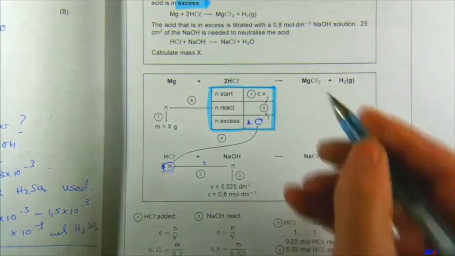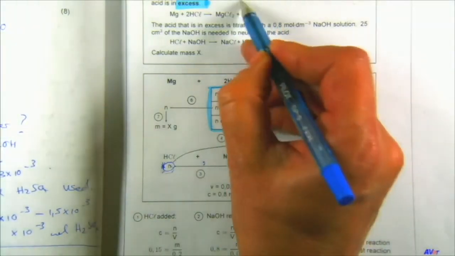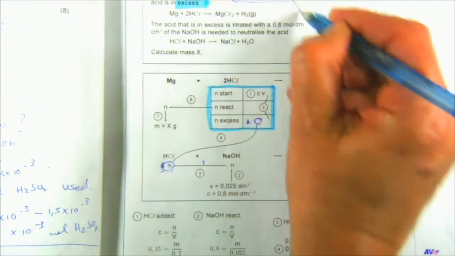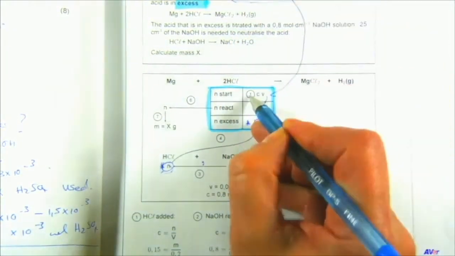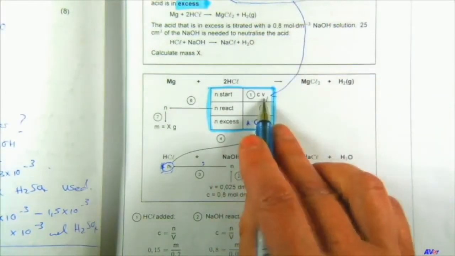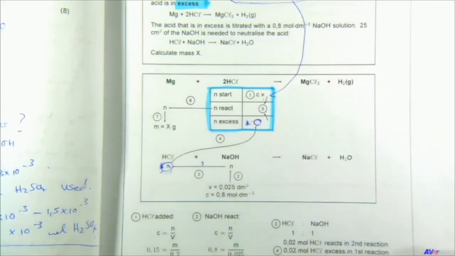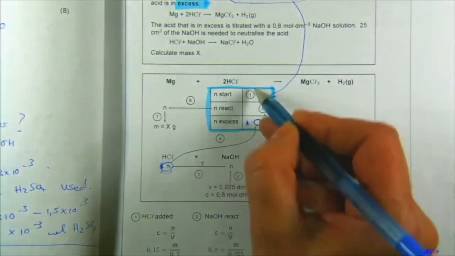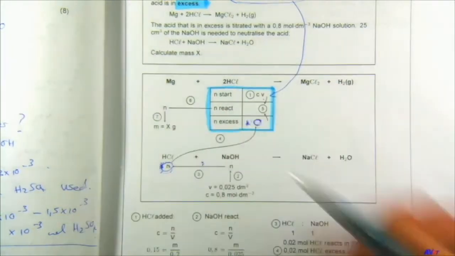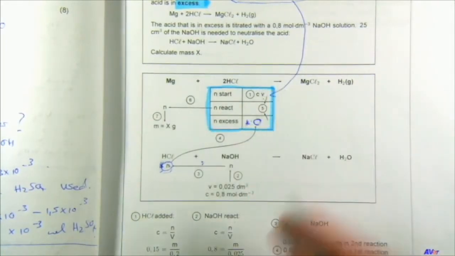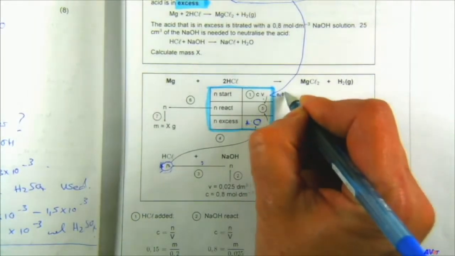And then you say, okay, they told me what I'm starting with up there. Up there they told us the C and the V of the HCl in the beginning. So you can do the mole calculation and work out how many moles did we put in. And then you can subtract them to see how much reacted. They put in, calculation, they put in 0.03.